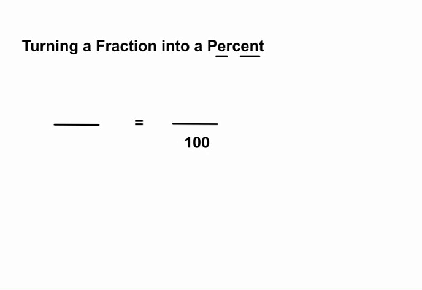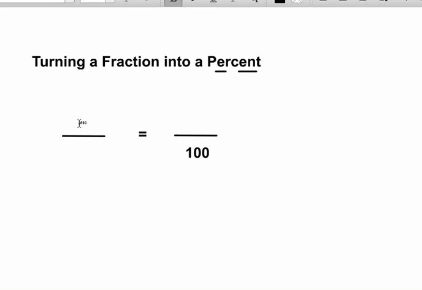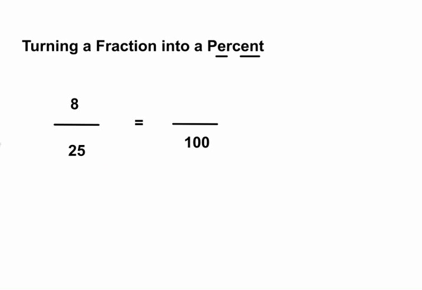So if I'm talking about a number, let's say the number 8/25. To get this as a percentage, it's rather simple because I just need to get this denominator to 100. So to go from 25ths to 100ths, I'm just getting 4 times larger.